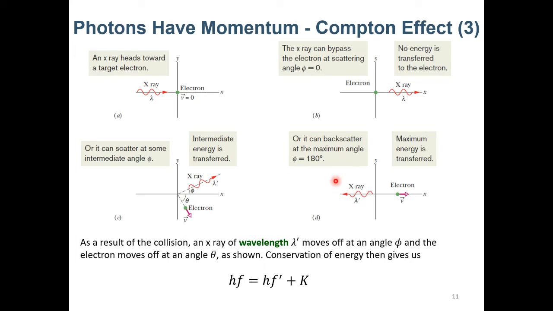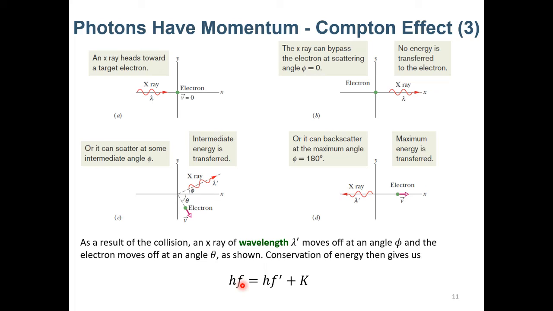And if it is 180, the electron goes in the x direction and the X-ray goes back. We also have conservation of energy, because we can assume that there's no loss in between.